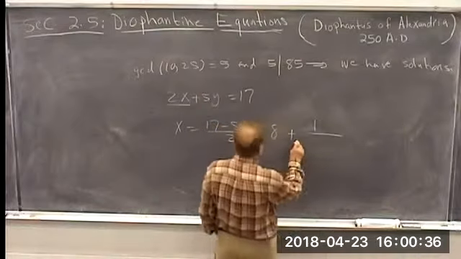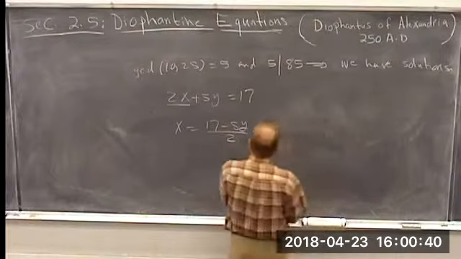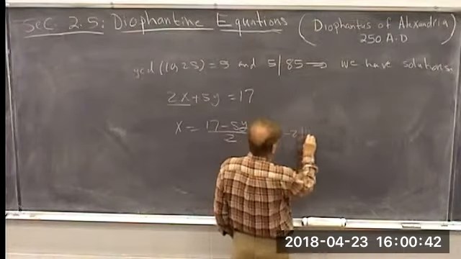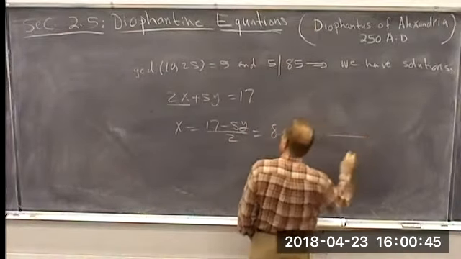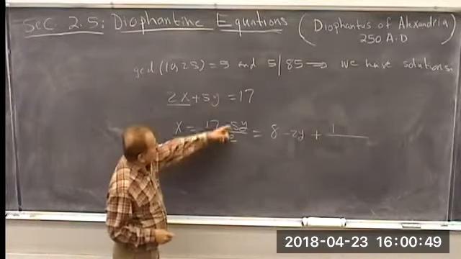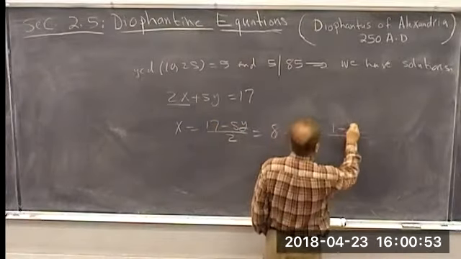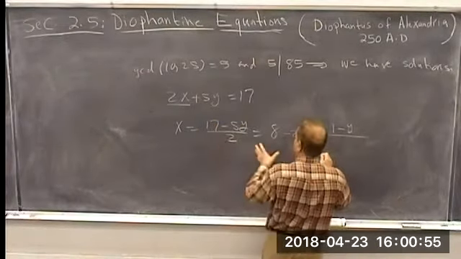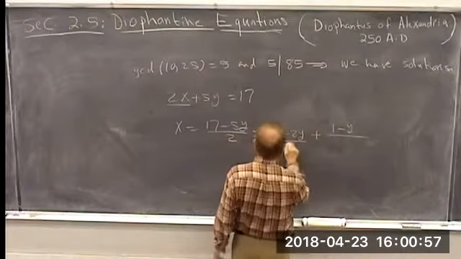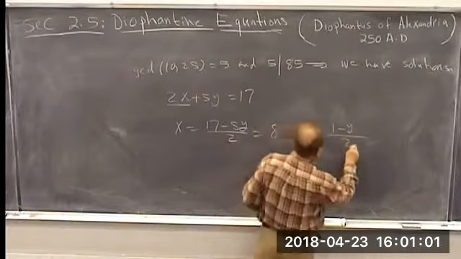All right, so we're going to end up with the negative 2y in here, then a plus. We have a remainder of 1, right? And then from here, we have a remainder of 4, 1. And then we're going to be dividing all of this by 2.